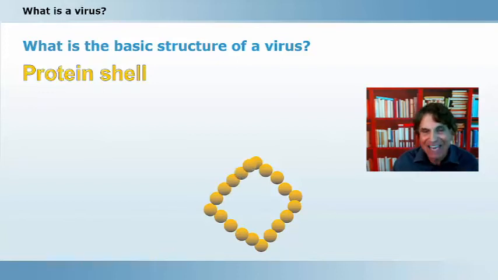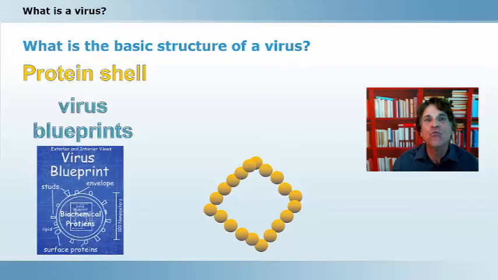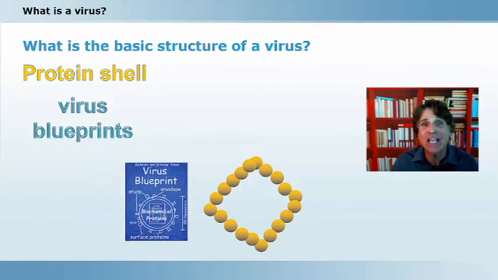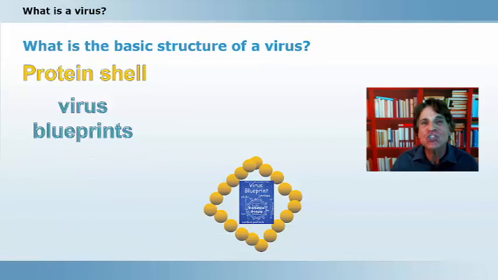What's inside of that inner chamber? The virus blueprints. You may be familiar with substances called nucleic acids, either RNA or DNA. And the virus blueprints are in the form of RNA or DNA, and these are located inside that protein shell.